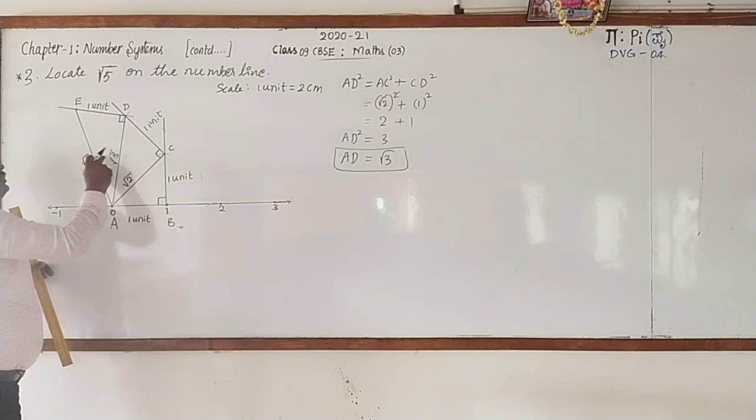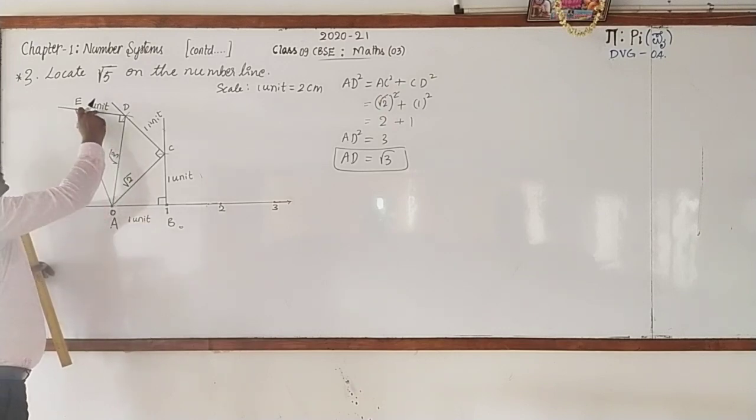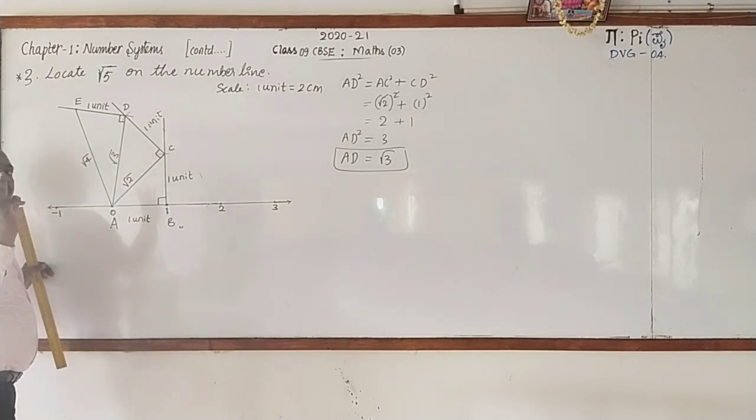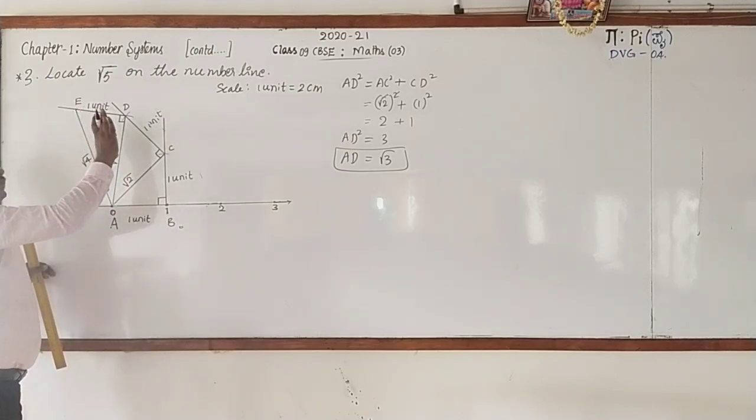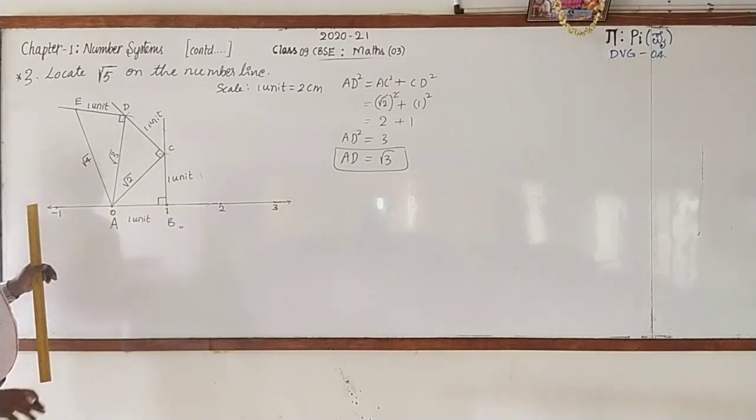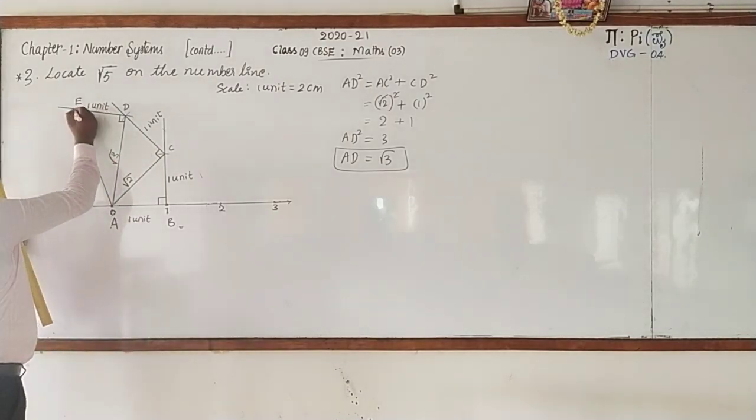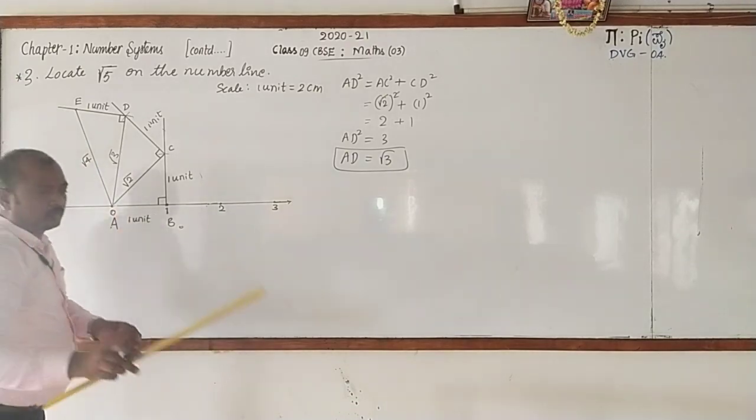Because when you apply the Pythagoras theorem, root 3 whole square plus 1 square. Root 3 whole square is 3, 1 square is 1, 3 plus 1 is 4. Hence it is root 4. Next, at E, now root 4 is over.